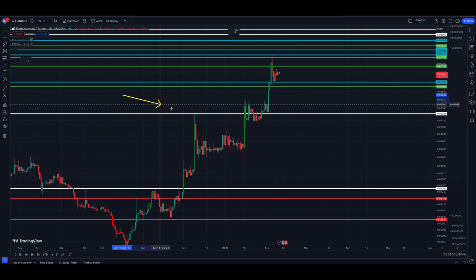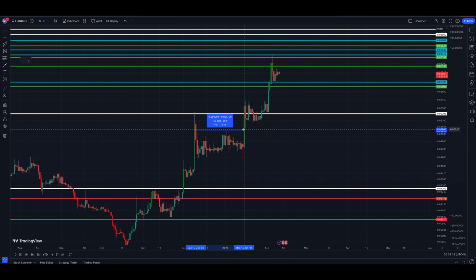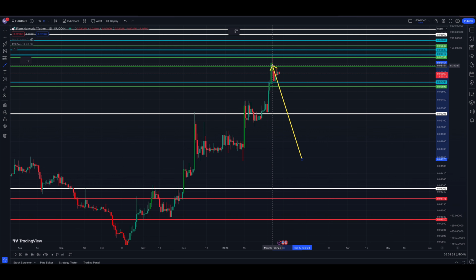What took place perfectly is we candle wicked right above that level, closed below it, and that was resistance for a period of time. That period lasted basically 36 days, basically a month. Price started to move higher, traded sideways, still finding resistance and basically pinned right at that level. And then we started to move higher.